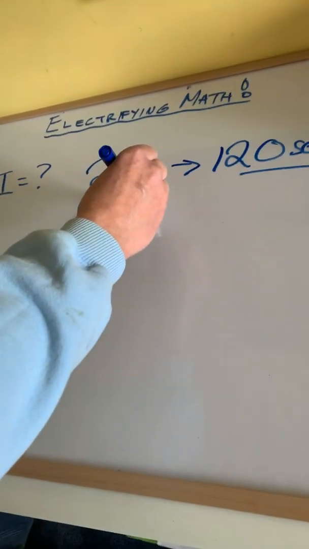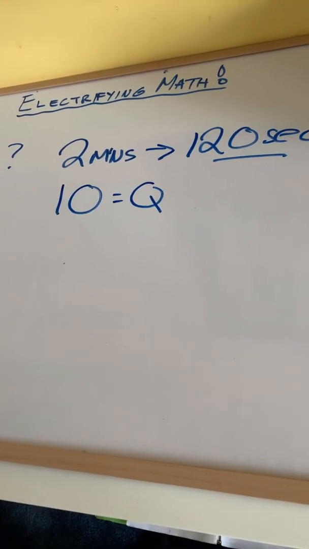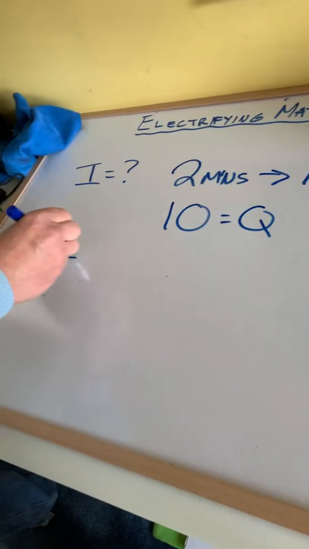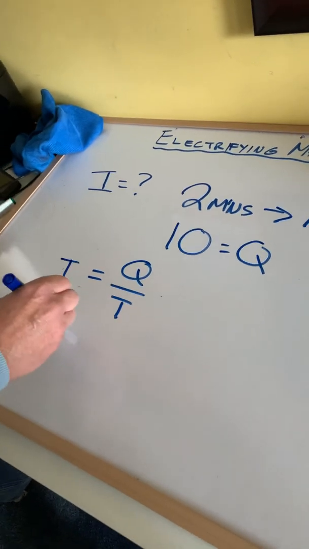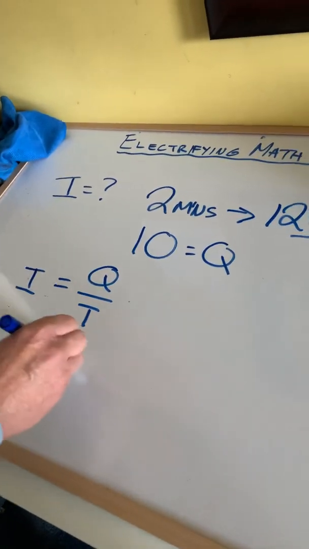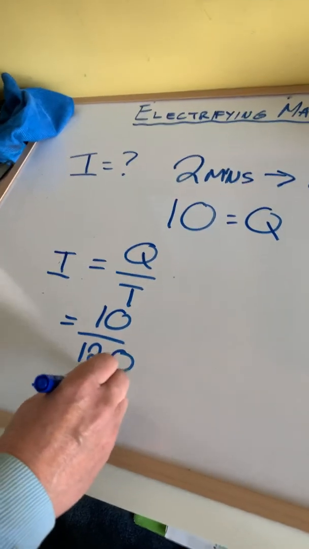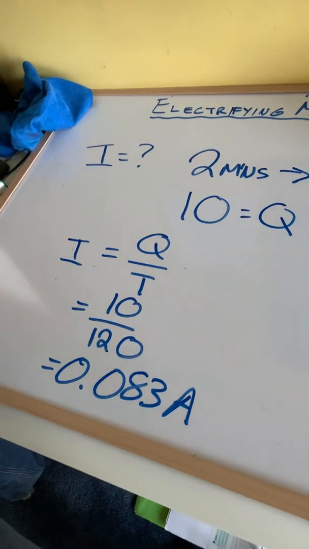So 10 is our Q. Find the right equation, manipulate it, so I equals Q over T equals 10 over 120 equals 0.083 amps.